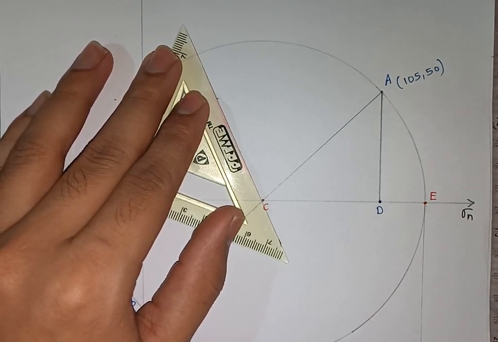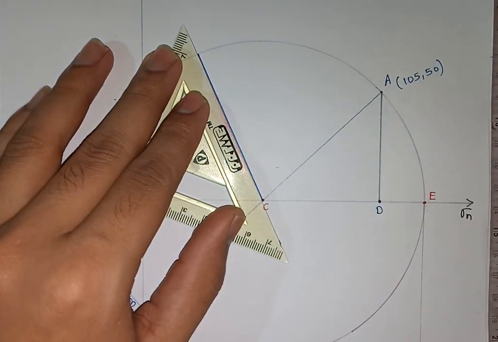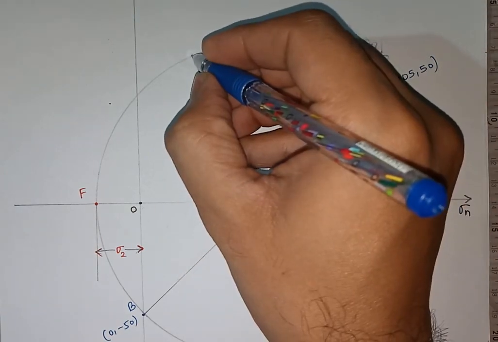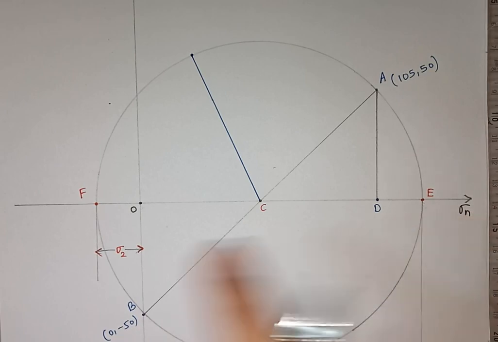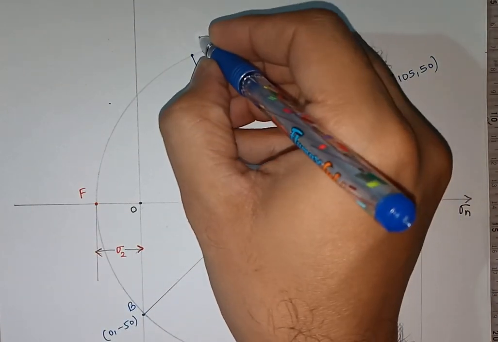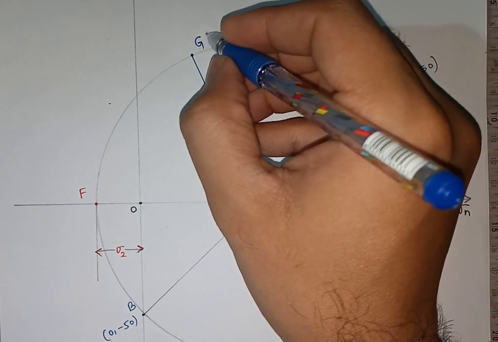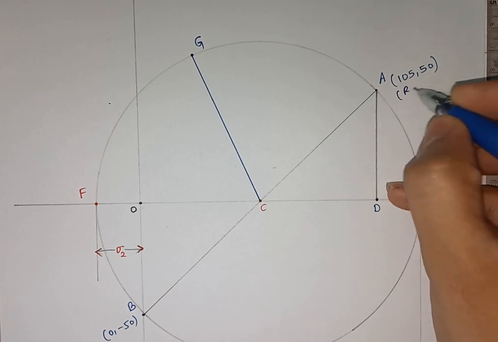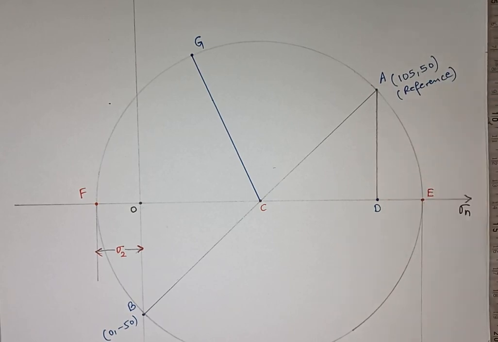Now I'll be marking it with a different color. Right? So this is oblique plane. Now I'll just give one coordinate here. So it is A, B, C, D, E, F. I'll call it as G. Right? Now here G is nothing but oblique plane. I'm not going to write it. Now A is reference plane.